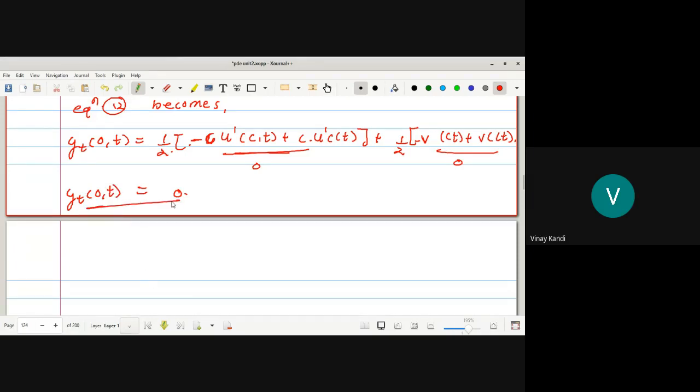This shows that the given solution satisfies equation number 5 also.